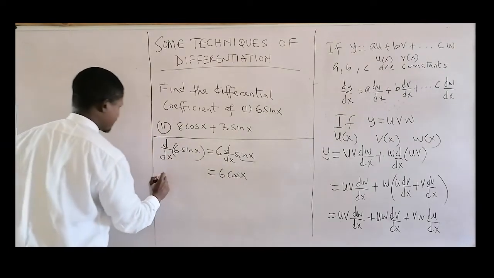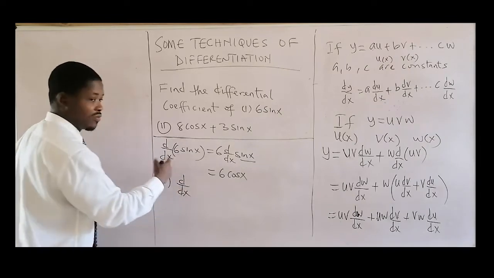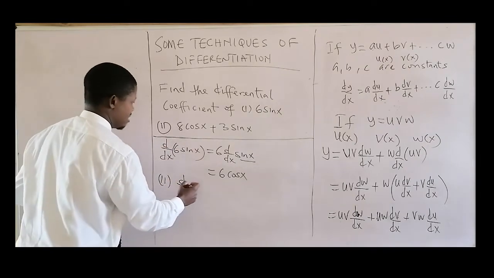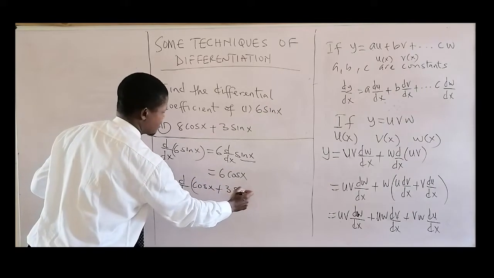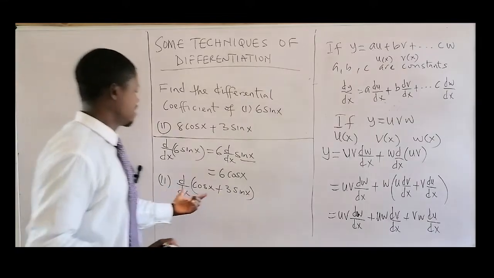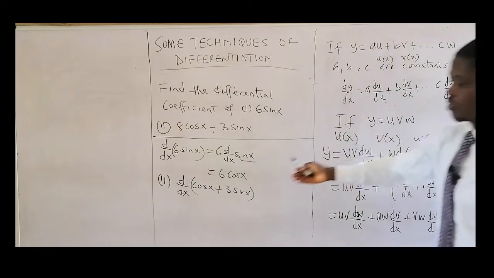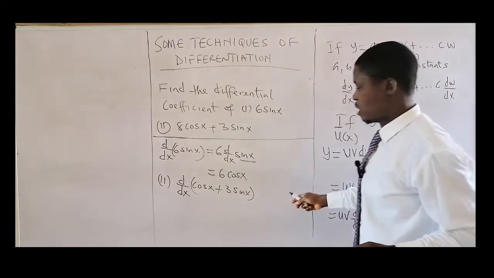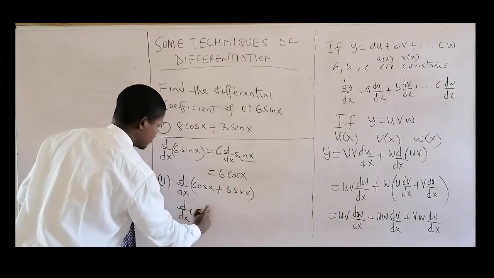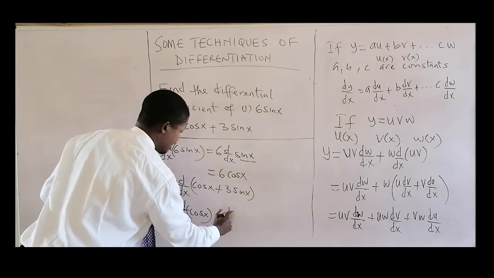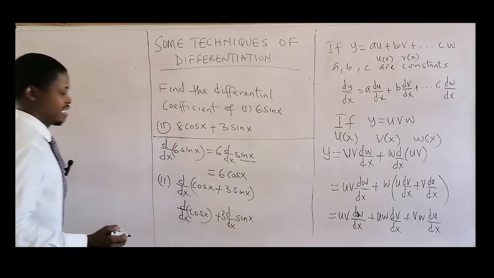Then case 2. We have the differential coefficient d/dx of cos x plus 3 sine x. So in this case you have a sum of functions, so this rule is applicable. The differential coefficient goes into this, and that will be d/dx of cos x, plus the 3 will come outside, d/dx of sine x.